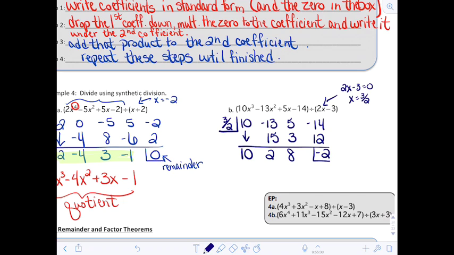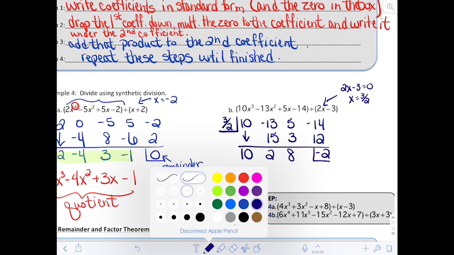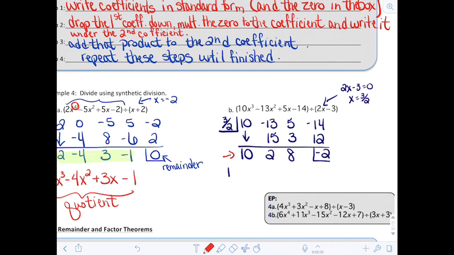So my quotient would be 10, no, sorry, whoops. I mean, it is, but I forgot to list these would be coefficients for an x squared term, x squared polynomial function.